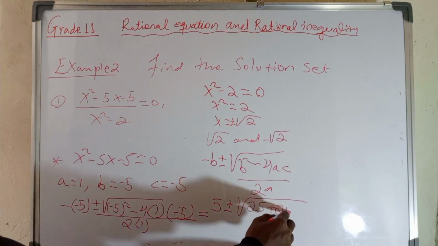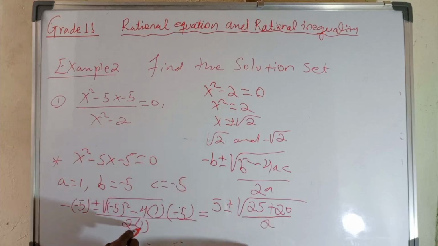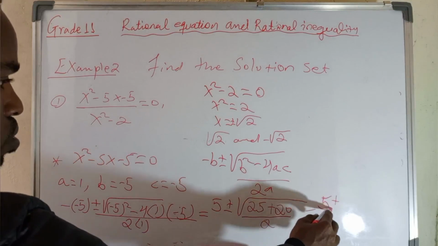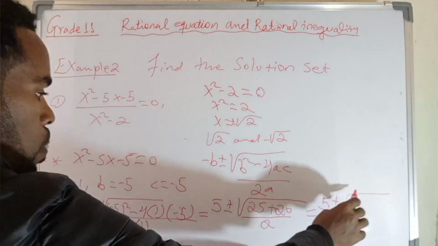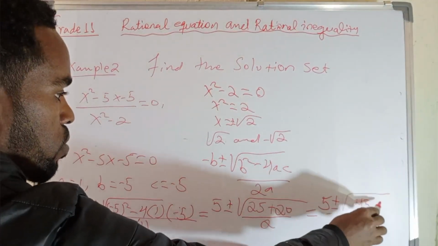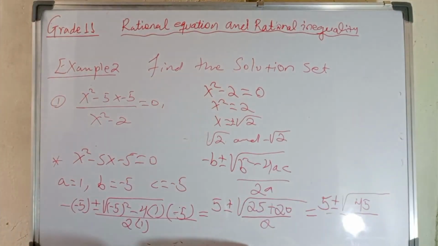Plus 20, divided by 2, because 2 times 1 is 2. Then we get 5 plus or minus the square root of 25 plus 20, which is 45, divided by 2.